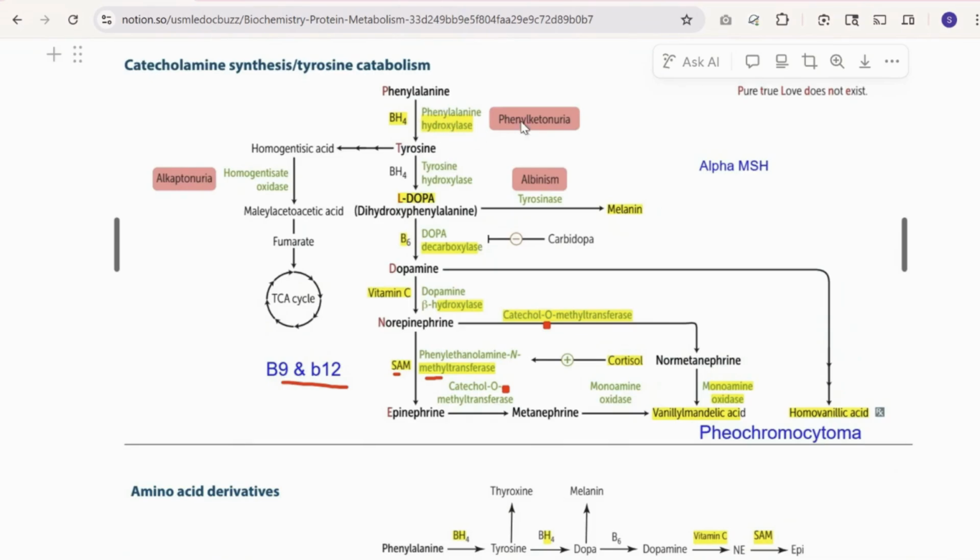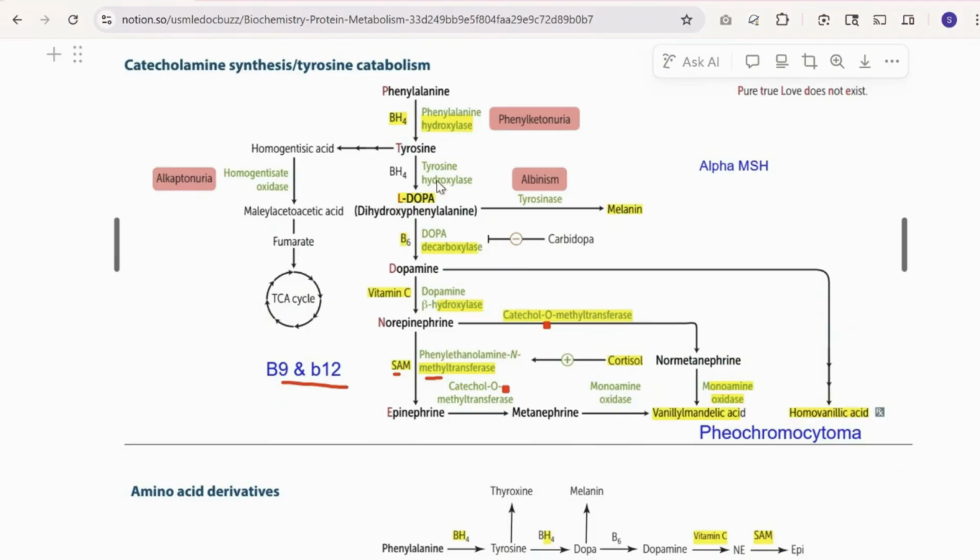If someone has phenylketonuria, that means they cannot convert phenylalanine to tyrosine. That means tyrosine becomes an essential amino acid for phenylketonurics. Simple. If you cannot convert it, this is non-essential now, and this is essential. You have to supply them tyrosine. We're going to look at PKU in just a moment, but we're just figuring this out.